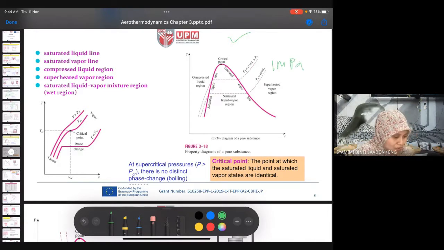The vaporization process will begin from here. Okay, saturated liquid, and then here is liquid plus vapor. This one is liquid and this one is vapor. I always write it that way: L is liquid, L plus V is a mixture of liquid and vapor, and V is vapor.